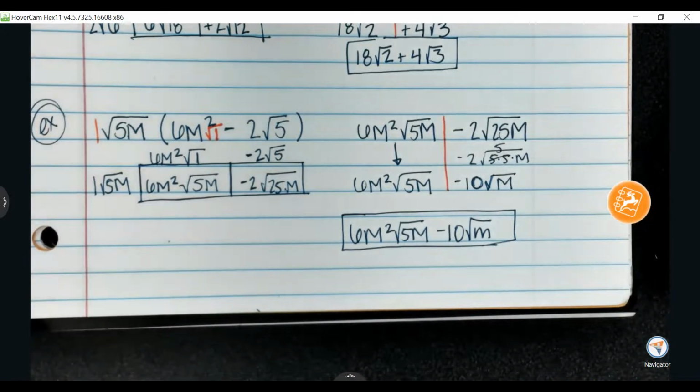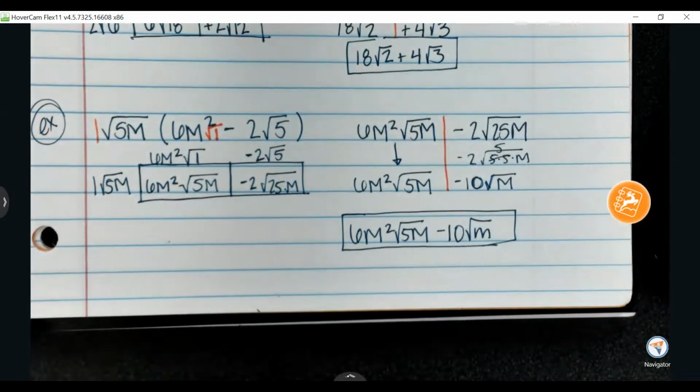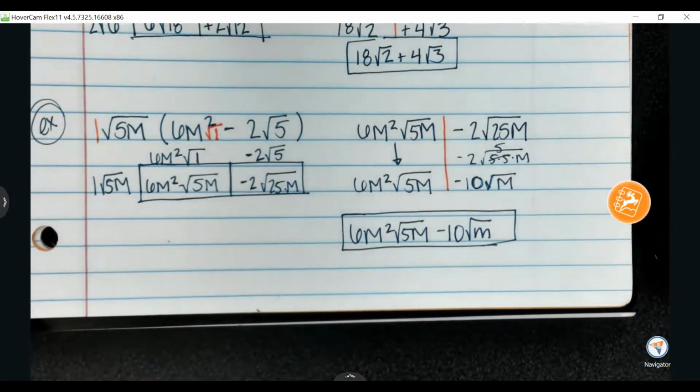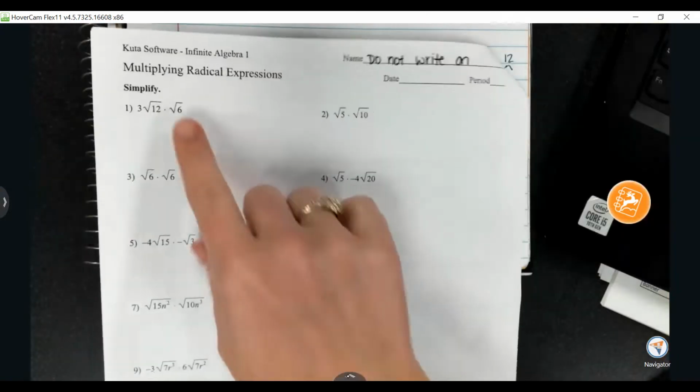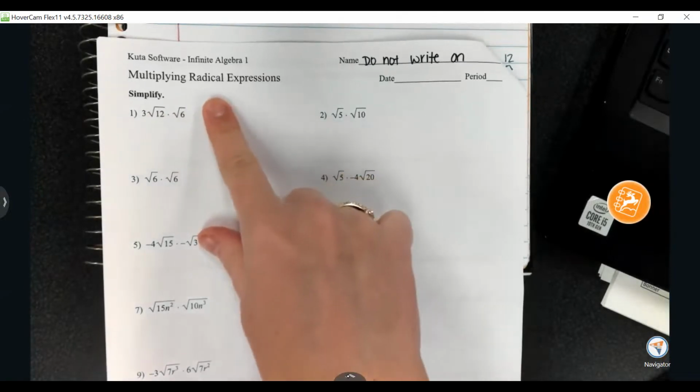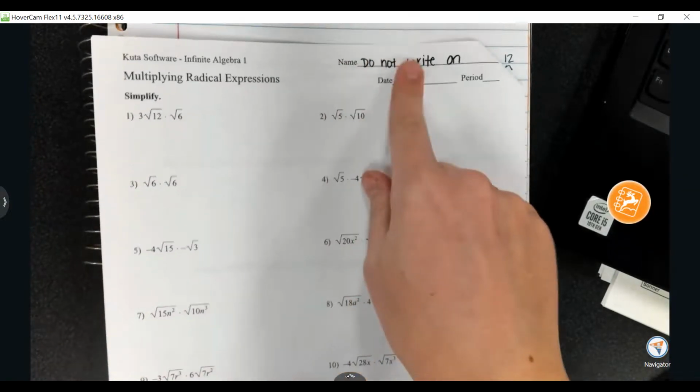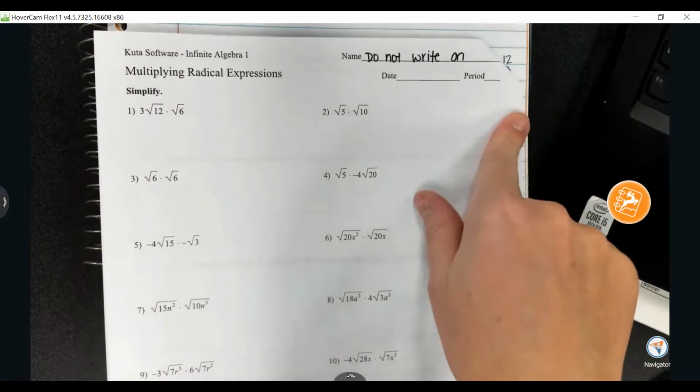Very good. Questions? Okay, I think it's a good idea to freeze here and get some practice in. What do y'all think? Yes? Okay. So in your packet that's at your desk, you will be on this page that says multiplication. It also still says do not write on this.